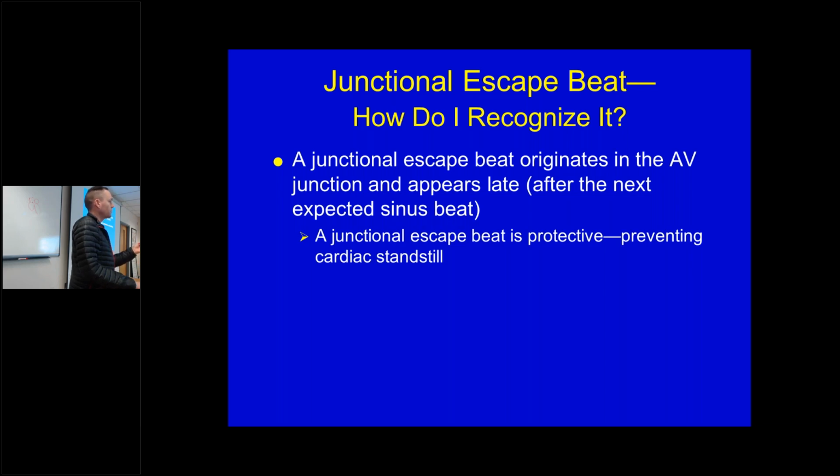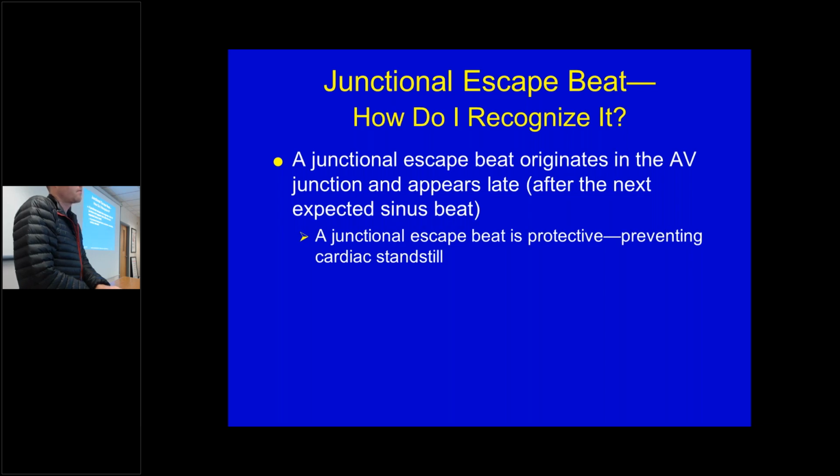If the sinoatrial node isn't throwing out a beat, and you've got this period of sinus arrest, sometimes the heart will, to prevent this pause, throw out an escape beat. The AV node will be like, oh wait, we need something there. This is too long. So a junctional escape beat will be in what would be a sinus arrest. If it's long enough, the heart will throw in this junctional escape beat. But that's the normal AV node picking in.